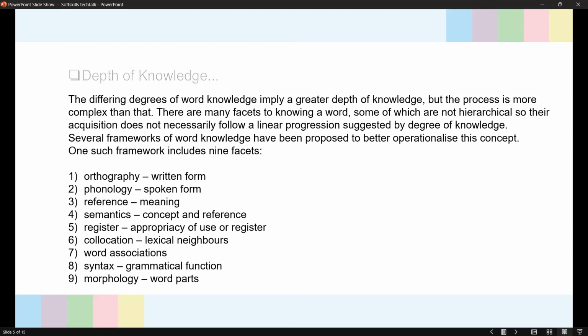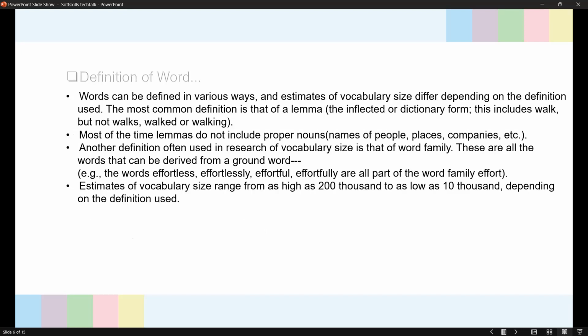Several frameworks of word knowledge have been proposed to better operationalize this concept. One such framework includes nine facets: orthography, written form; phonology, spoken form; reference, meaning; semantics, concept and reference; register, appropriacy of use; collocation, lexical neighbors, word associations; syntax, grammatical function; morphology, word parts.